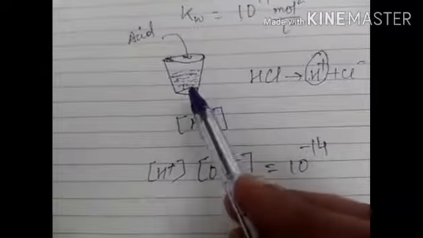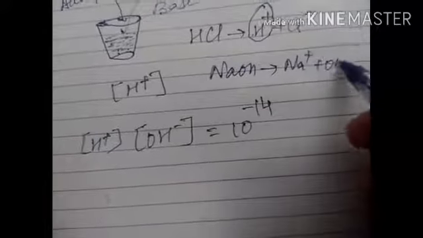So students, now if you add a base, not in this sample but in a fresh sample of water, let us take an example of a base, it will become Na plus and OH minus.